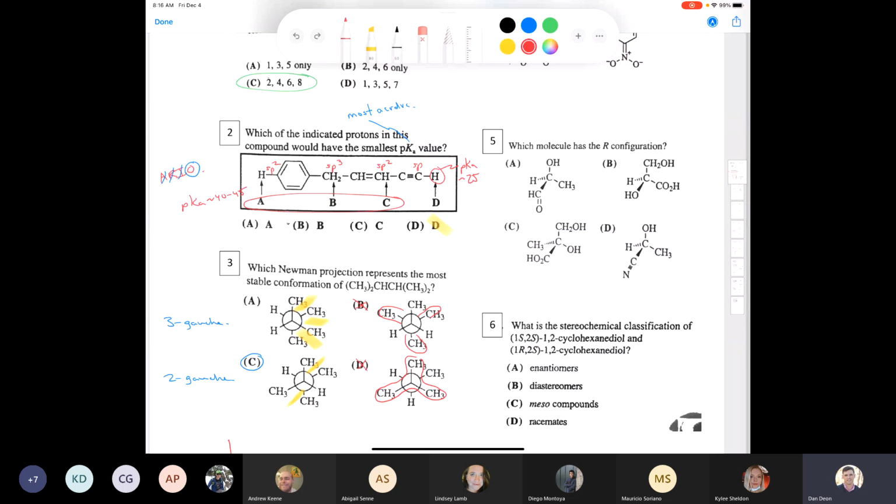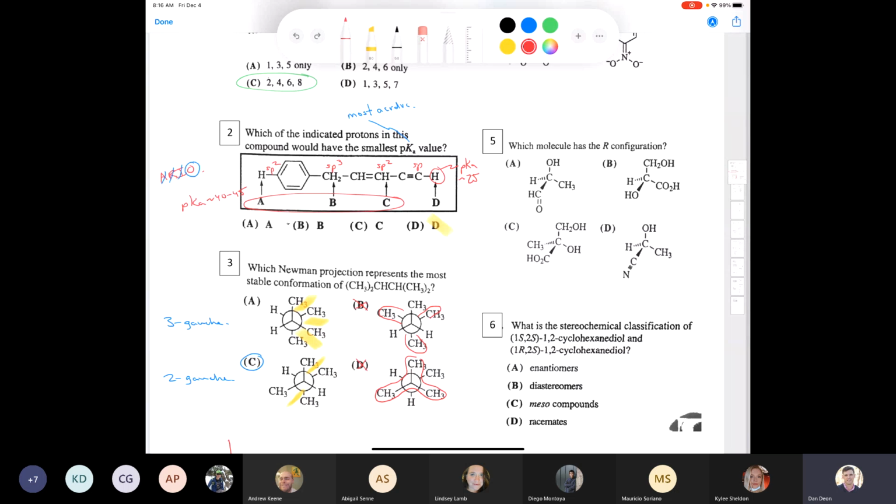If anybody figures it out, just type it in the chat. Yeah, Sean's got it. It's C, right?